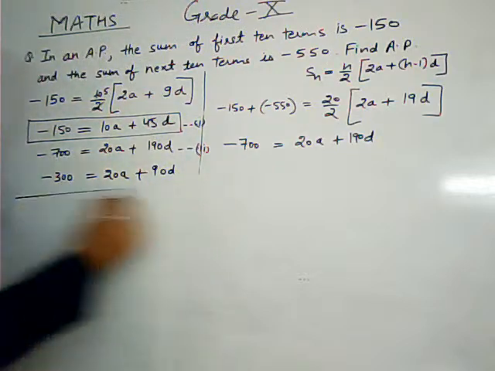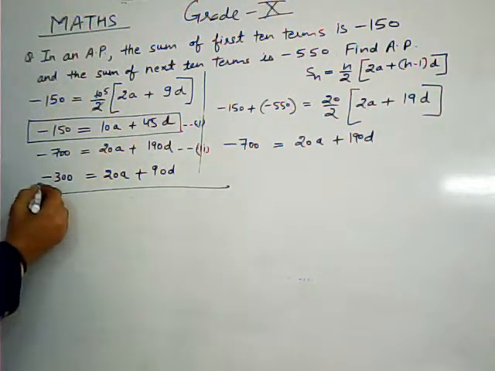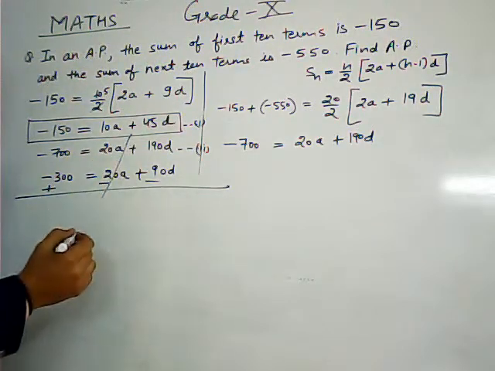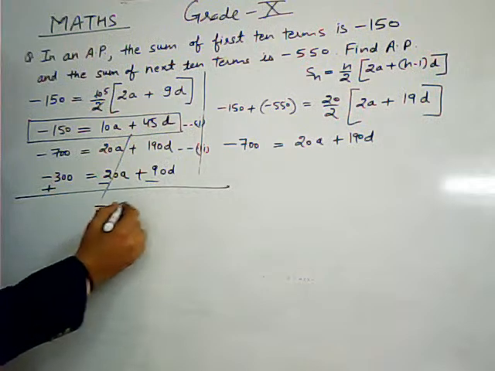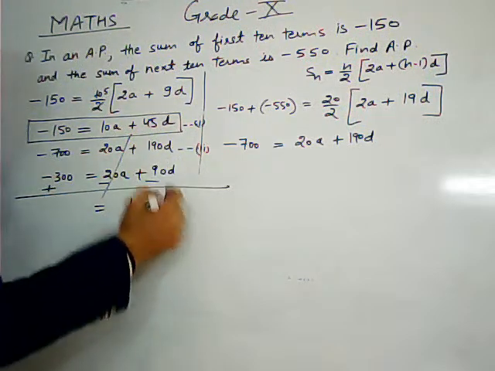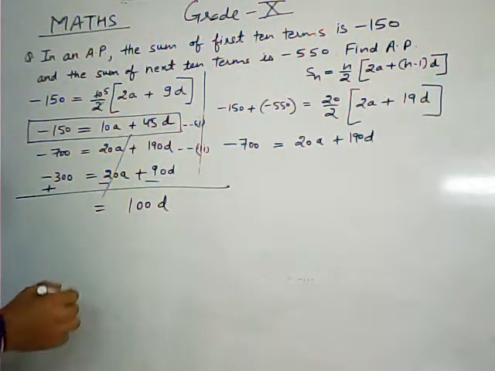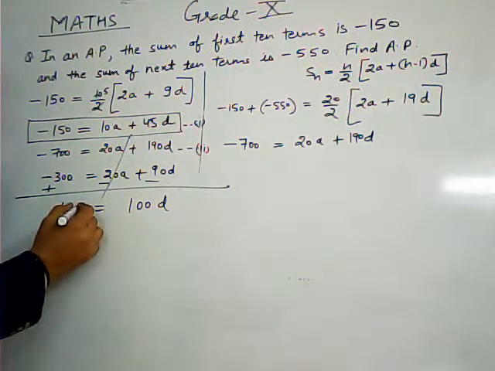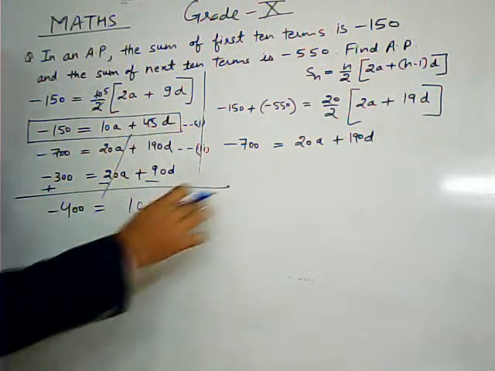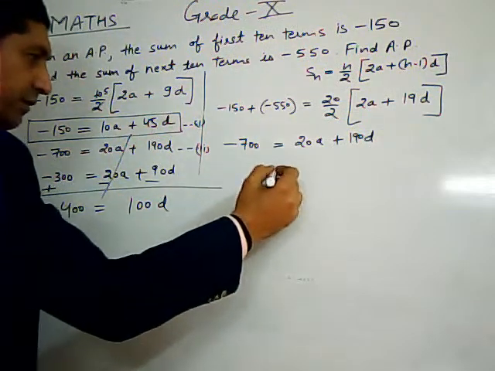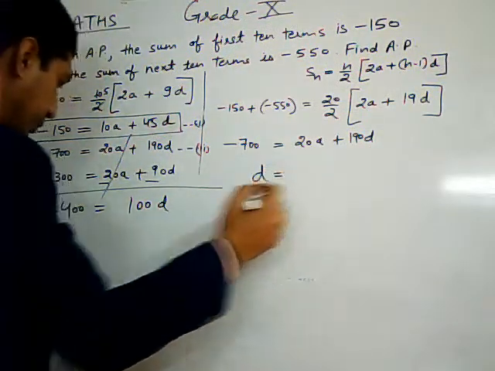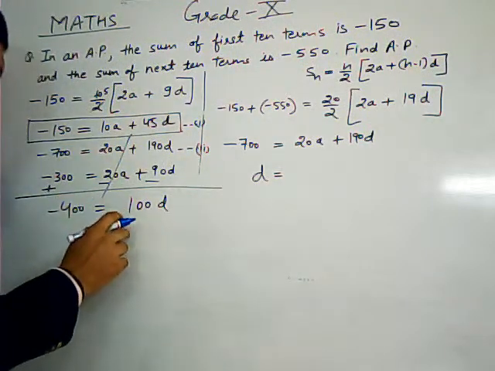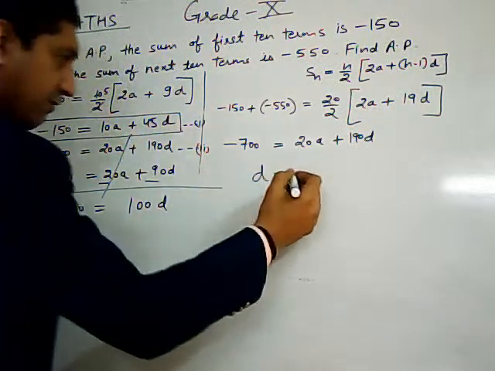When we eliminate, minus minus will be plus, and we are left with 100d is equal to minus 400. So what is the common difference? The common difference d is minus 4.